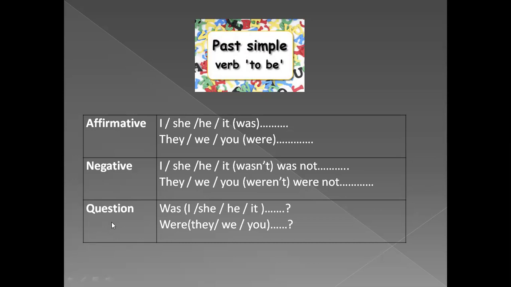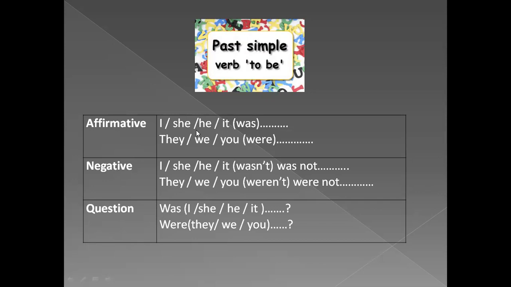Let's move to the question form, when I want to make a question using was and were. So, when I want to ask about a singular subject, I will use was. So I switch between, look at the sentence here, the affirmative one.